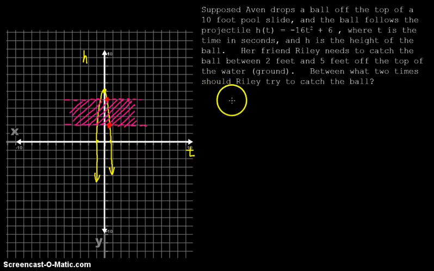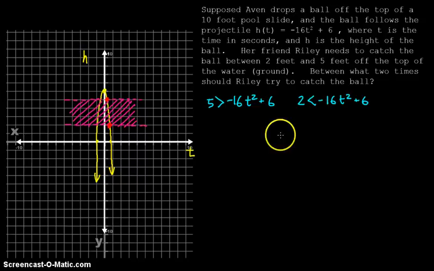In one case, I want to know when this negative 16t squared plus 6 is less than 5? And at the same time, I also want to know when it is greater than 2. Same equation, of course. So really, I'm looking at finding solutions to 2 inequalities. This is going to take a little bit of doing, but I think we're going to be okay.